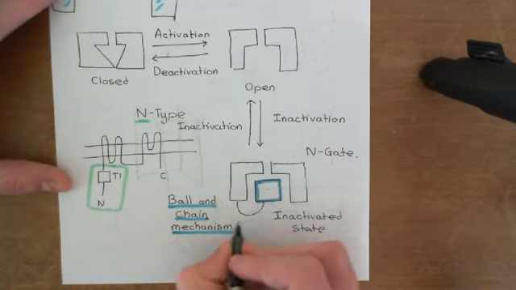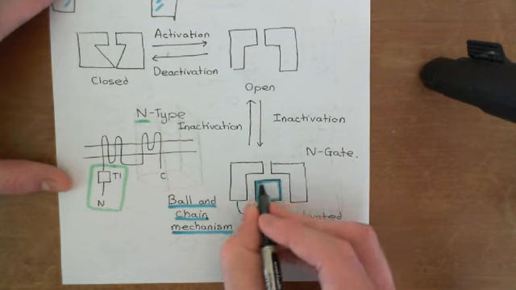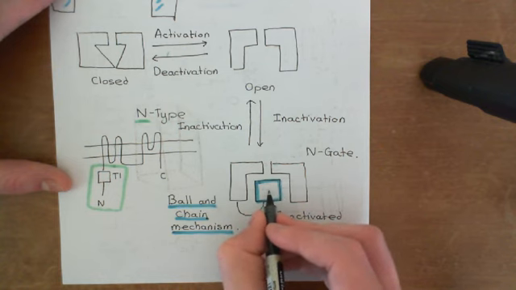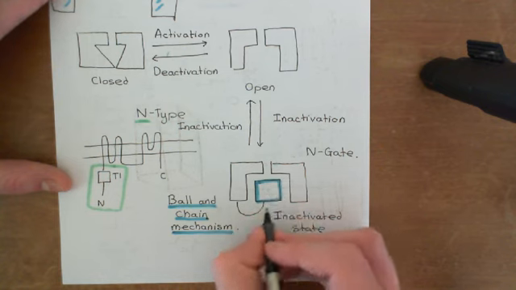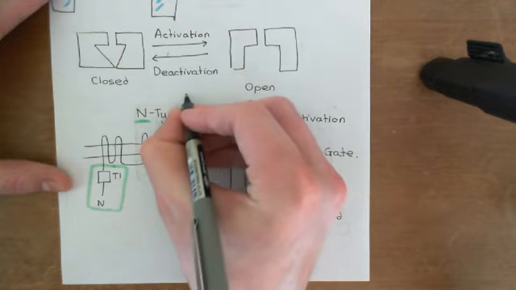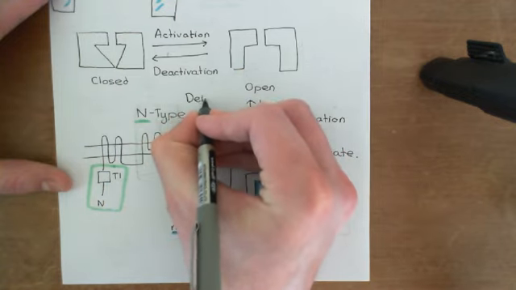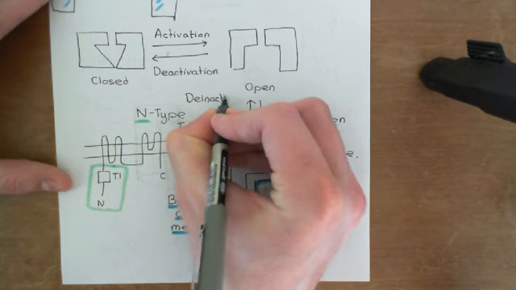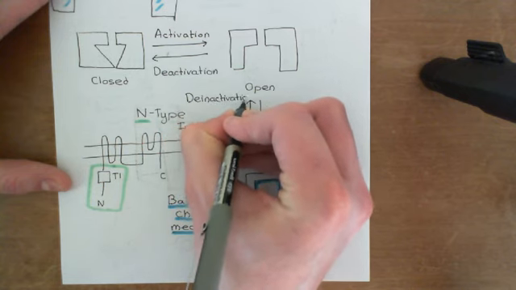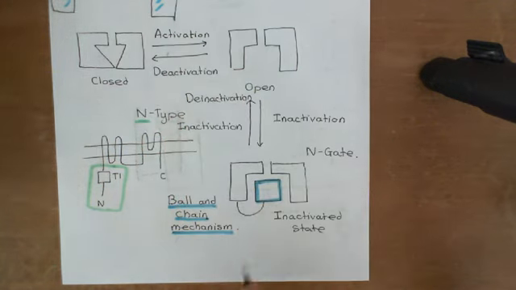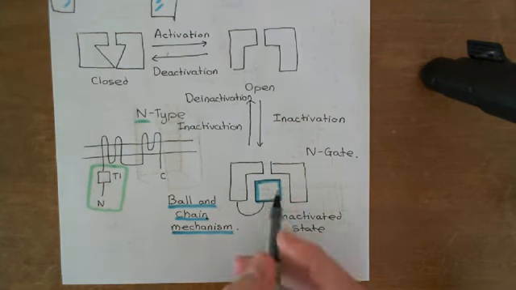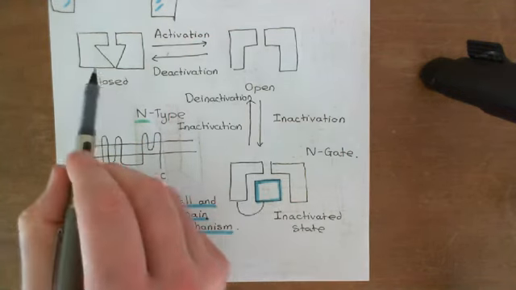You have to firstly remove this structure that is obscuring the pore from the intracellular aspect. You have to reopen the N gate, as it were. That process is known as de-inactivation. So removing the inactivation gate, opening the N gate again, is the first thing you have to do if you want to go back to the closed state.